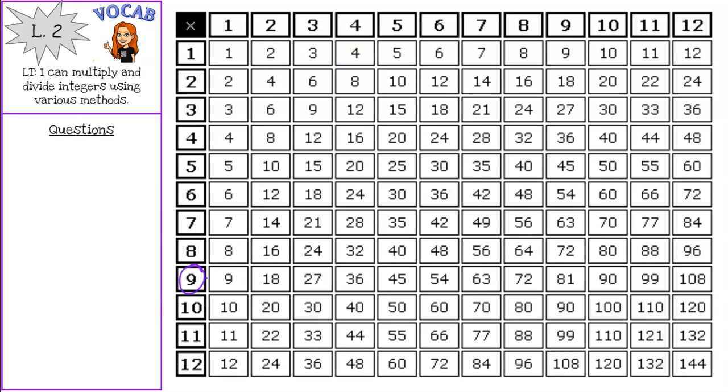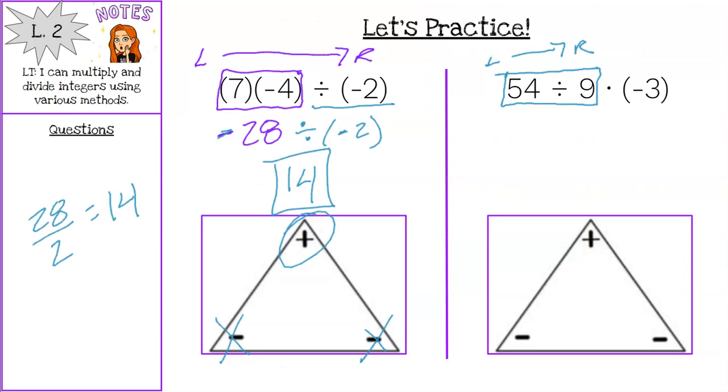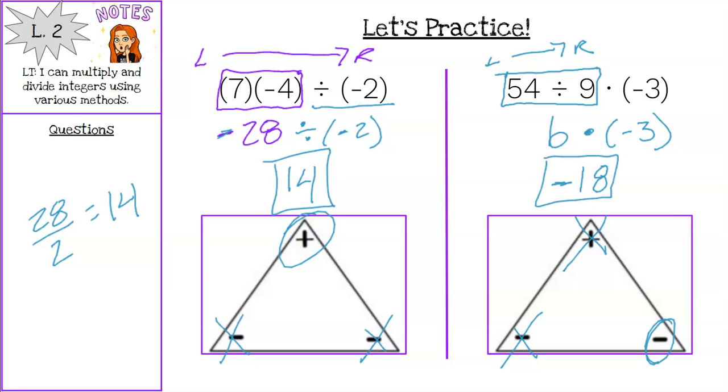We go to 9, scroll till we find 54, find its match. Its match is 6. So 54 divided by 9 is 6, times -3. 6 times 3 I know is 18. 6 is positive, 3 is negative, so my answer is -18.